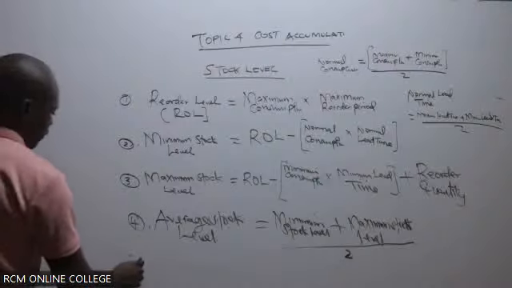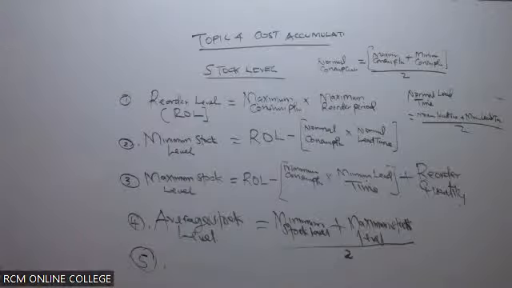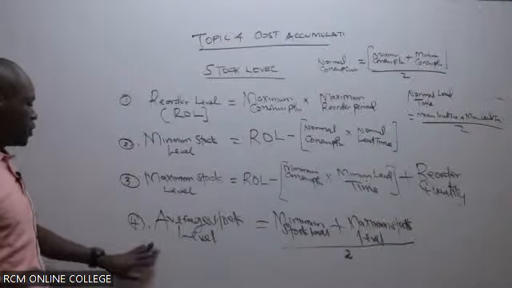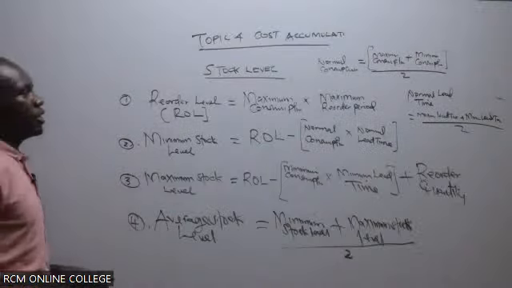Then number 5. Is there something that I'm leaving out? No. That other one applies to economic order quantity, where you're going to get it.